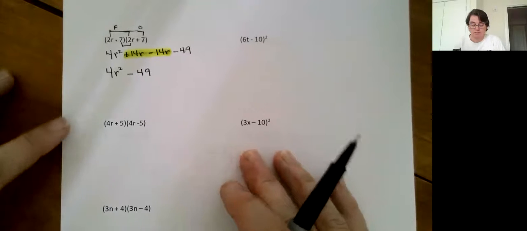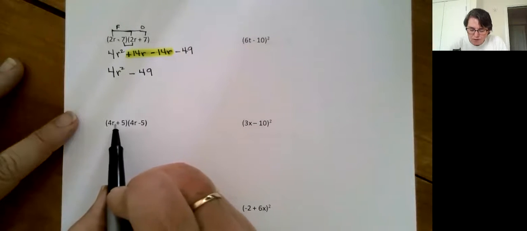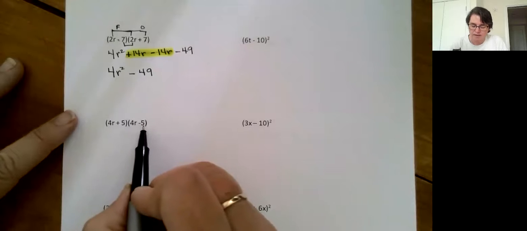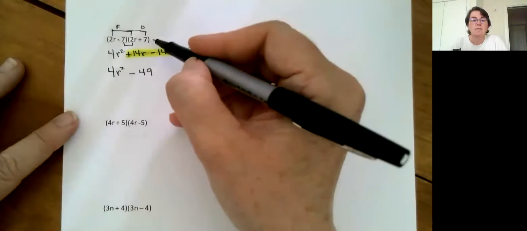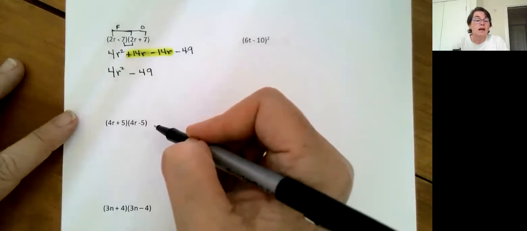Now, let's look at this one. Look at this. 4r plus 5, 4r minus 5. So this is the same pattern as we saw up here. So I'm thinking when we FOIL this out, those middle terms should cancel.